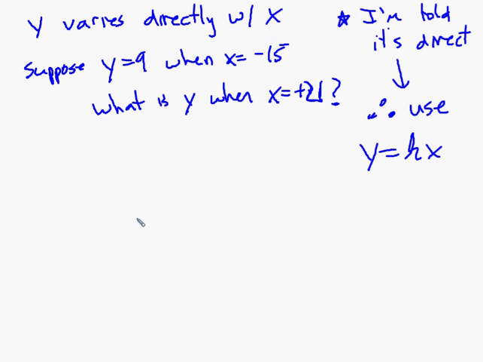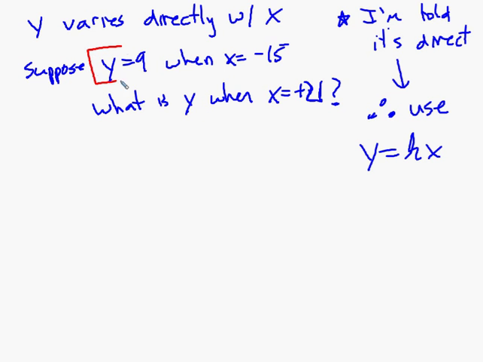So I start knowing that it's direct variation. The first couple problems that we did, we were given some information. We asked, is this a direct variation? We concluded yes or no, based upon whether k was always the same. In this case, I'm told, hey, it is a direct variation, but now I'm missing a piece of information.